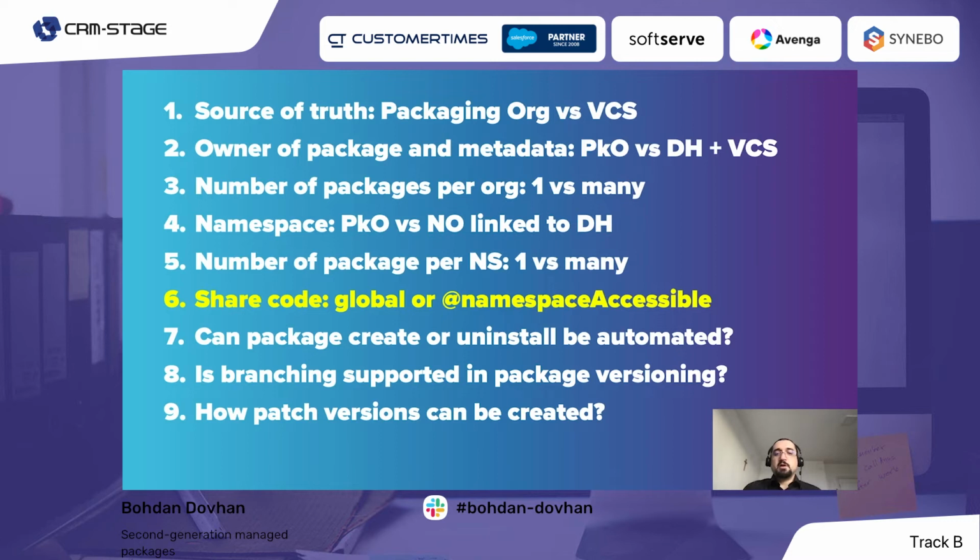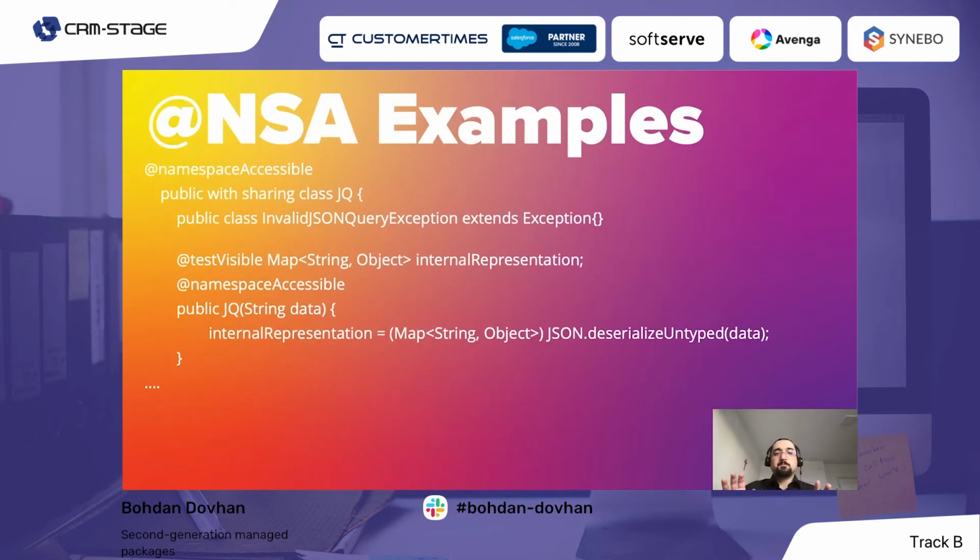Now you can, for example, create some class, and you can annotate it with the namespace accessible annotation, like in this example that you can see on the screen, and annotate some method or constructor or some property with this annotation, and you actually can use the same class in your extension package or vice versa. So it's unbelievable. Now you have many more options to share some components, some methods just between your packages.